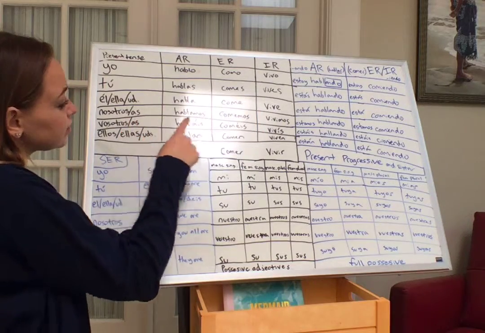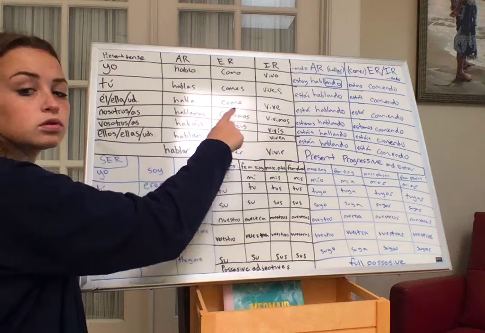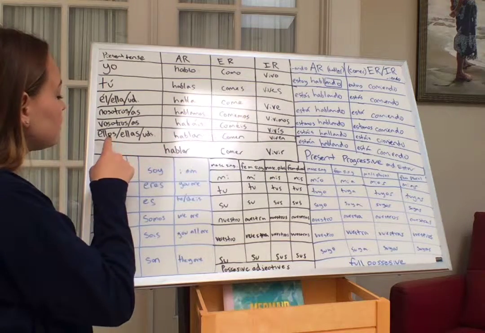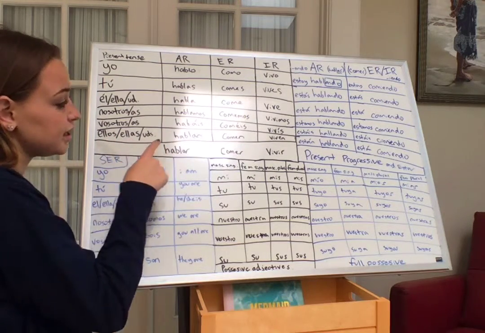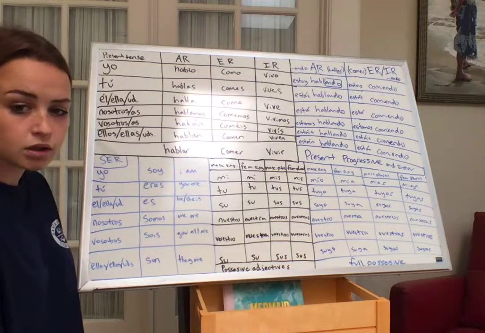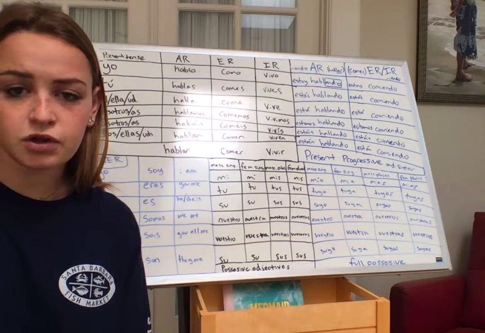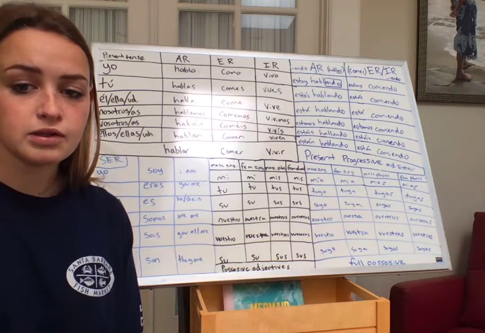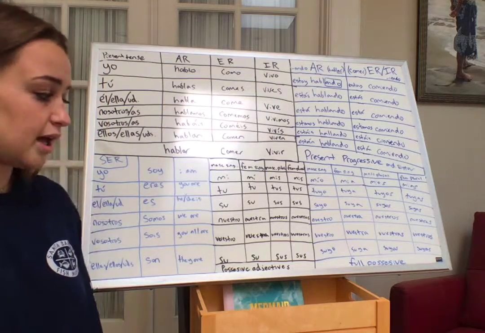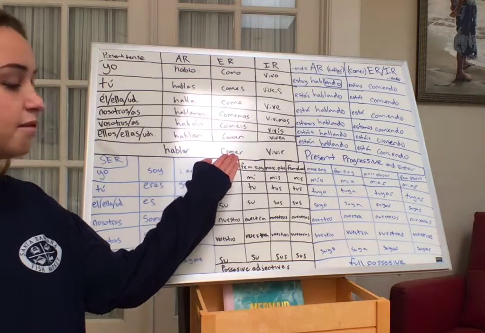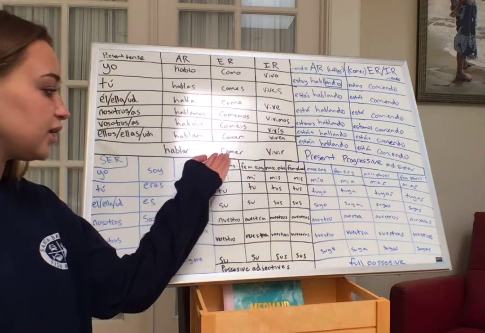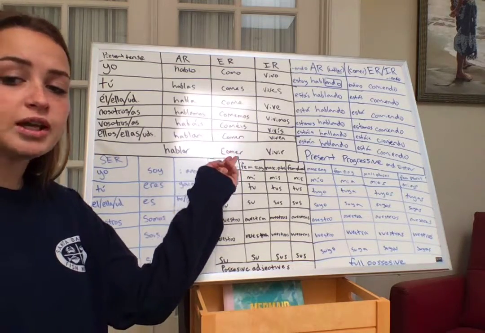Nosotros, nosotras vivimos. Ellos, ellas, ustedes viven. So as you can see, after you understand the pattern for the conjugations, it is pretty easy to understand the concept. You just take off the ending of the word, keep the stem, and change the ending.